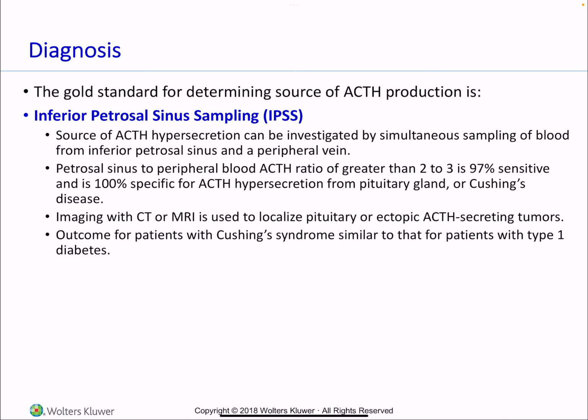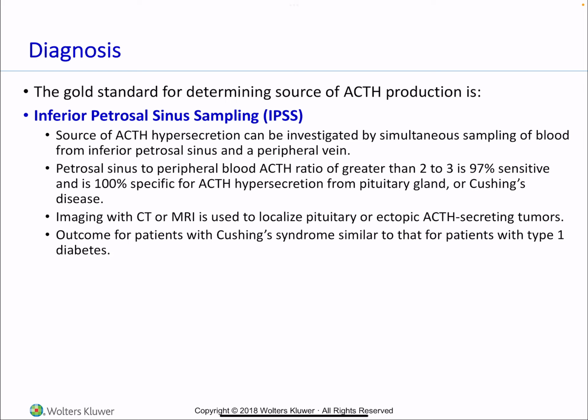Okay, so moving on. The gold standard for determining the source of ACTH production is the IPSS test. This is the inferior petrosal sinus sampling test. The source of ACTH hypersecretion can be investigated by simultaneous sampling of blood from the inferior petrosal sinus and a peripheral vein.